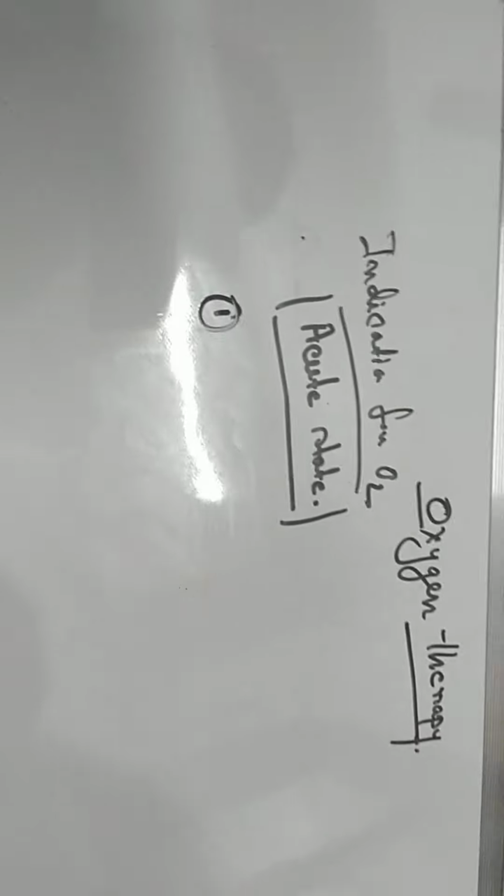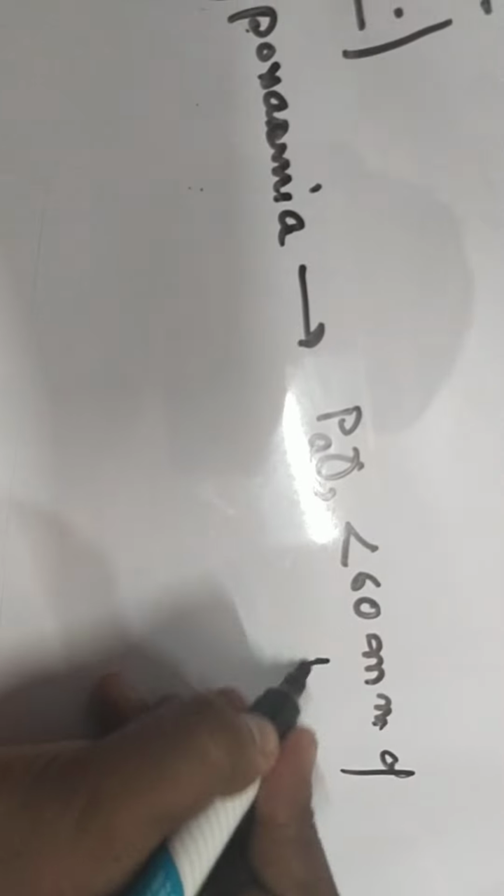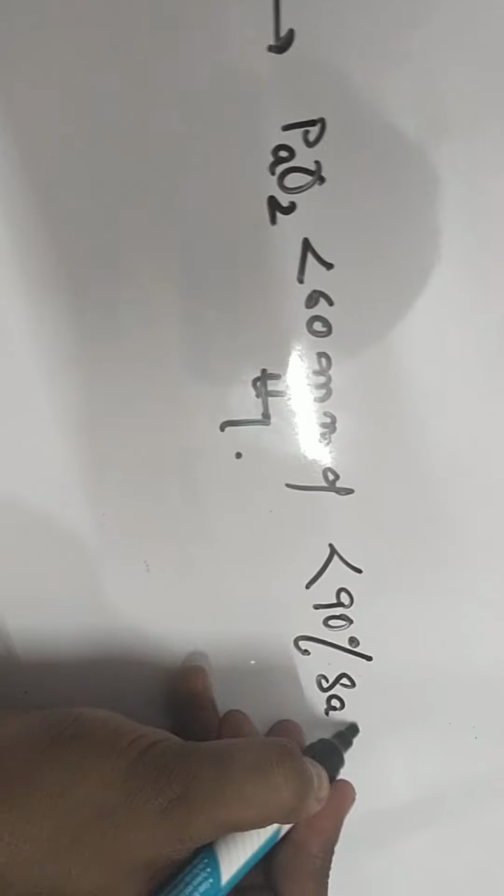First, acute hypoxemia, PaO2 less than 60 millimeter of mercury or 90% SpO2.